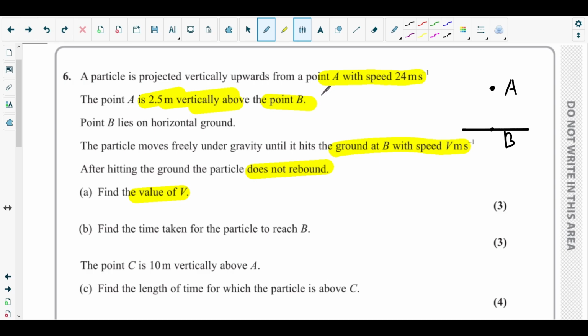Its initial velocity is known, which is 24 meters per second. From A it is projected in the upward direction, with an initial speed of 24 meters per second.